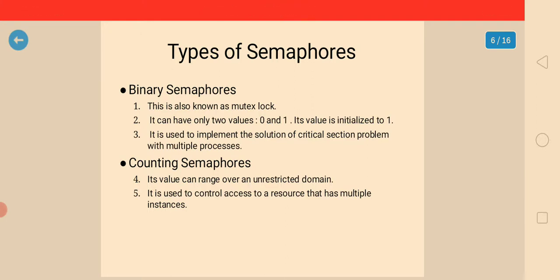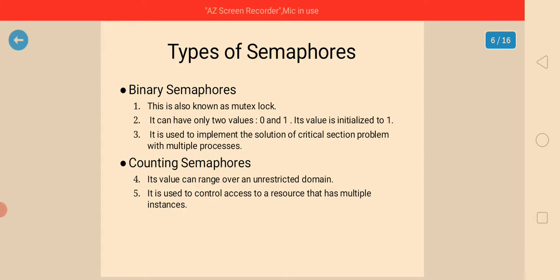Its value is initialized to 1. It is used to implement the solution of the critical section problem with multiple processes. So when we want to execute more than one process, we use this implementation. This is the binary semaphore.